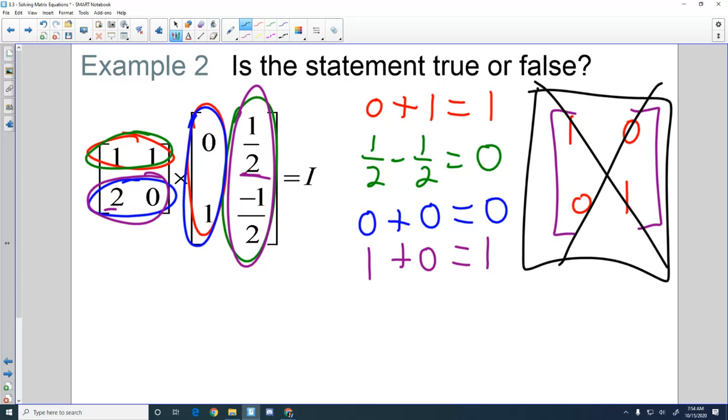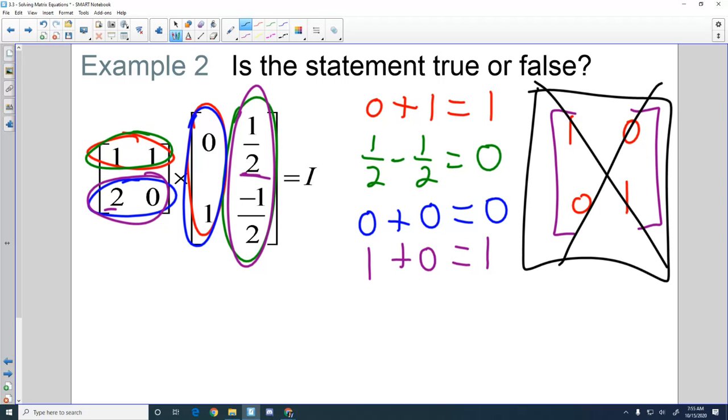Just like if I have 2 times x and I'm solving for x, I divide by 2 because 2 divided by 2 is 1. And do we bother multiplying anything by 1 or do we just cross it off? Just cross it off. So that's kind of the same concept here. If I multiply a matrix by a certain other matrix, it turns into this identity, which we can just pretty much ignore.